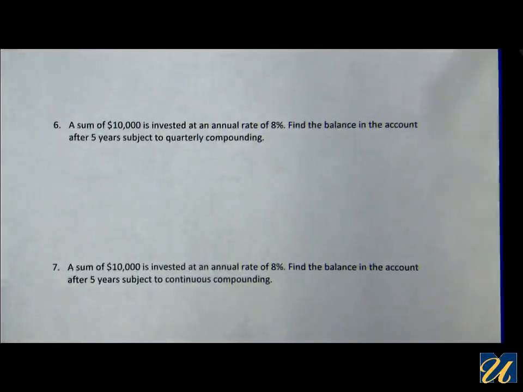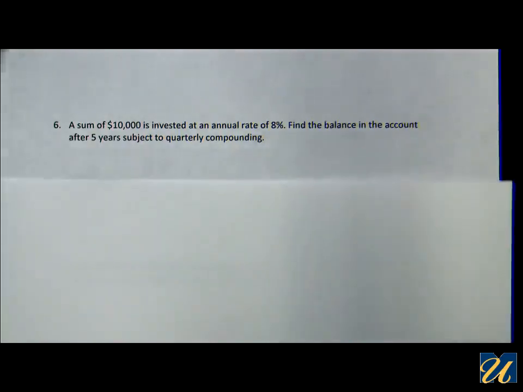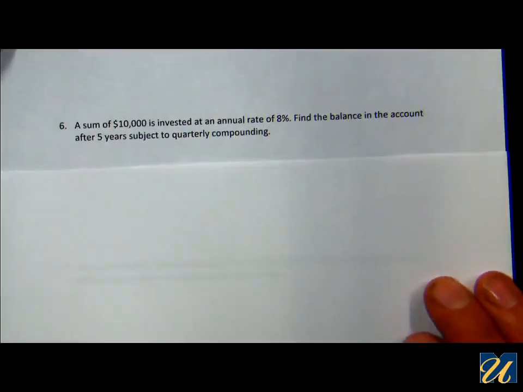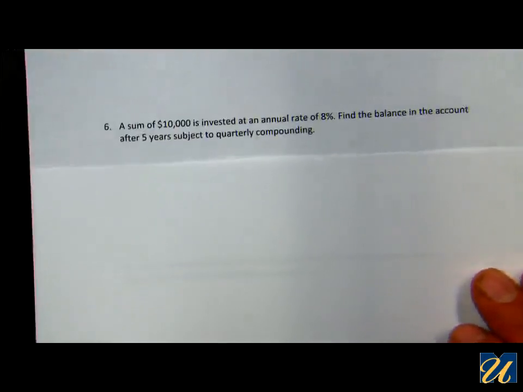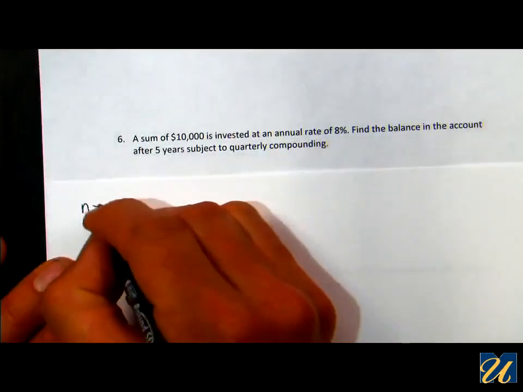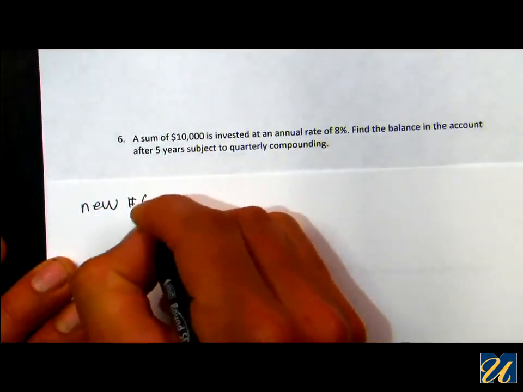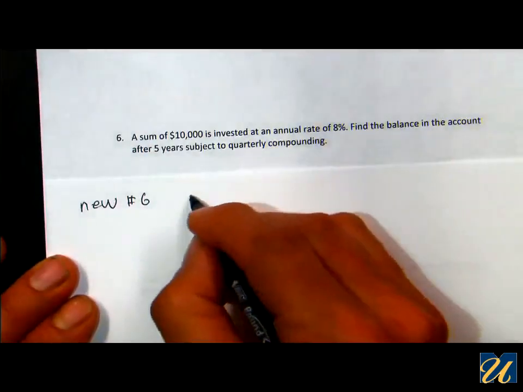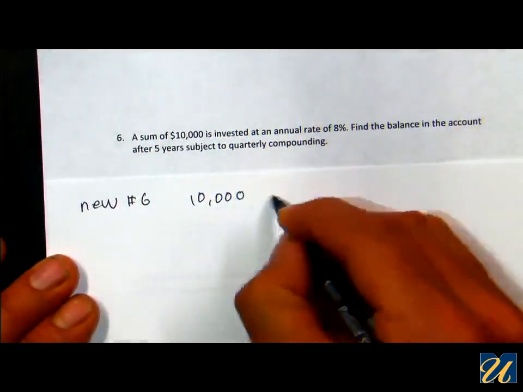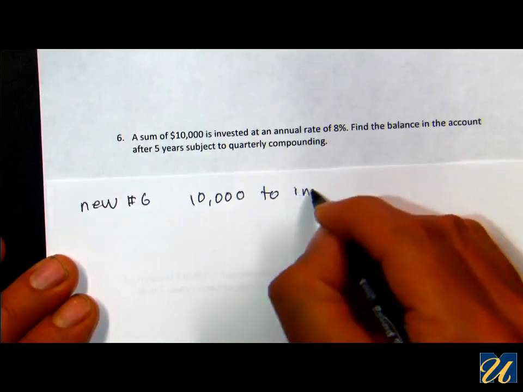Okay, what do we have? Problems 6 and 7 are the same as on the PowerPoint slide. So let's do a similar but different problem. So we'll do a new number 6 here. And let's take $10,000 to invest.